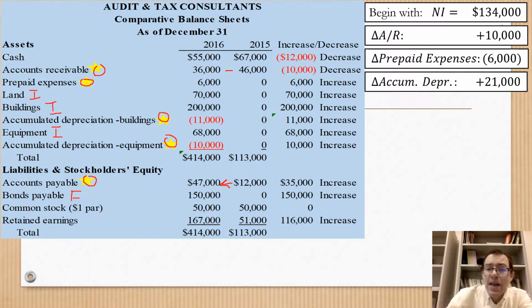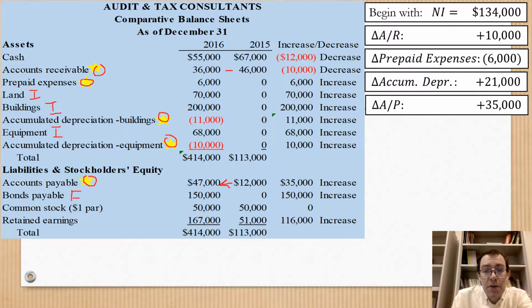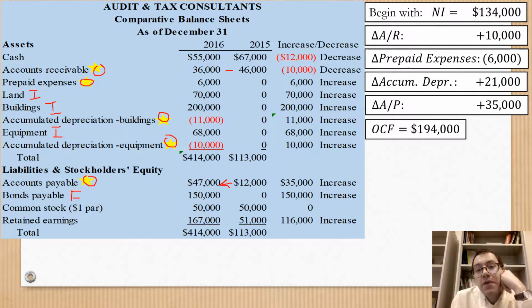So I need to add that back, right? My net income is already subtracting that 35,000, but there's no cash flow there. And that's all the operating items I see. So that's going to give you your operating cash flows once you do the math there: 194,000 for operating cash flows.